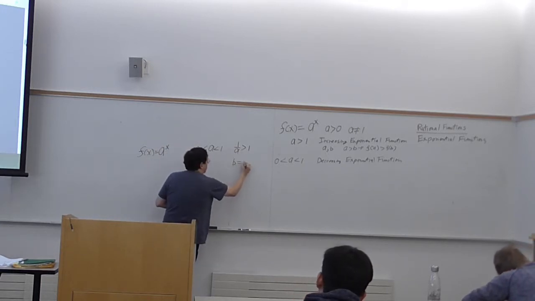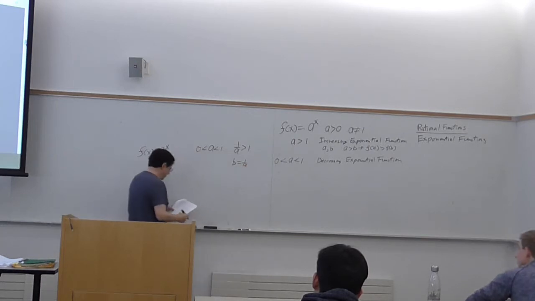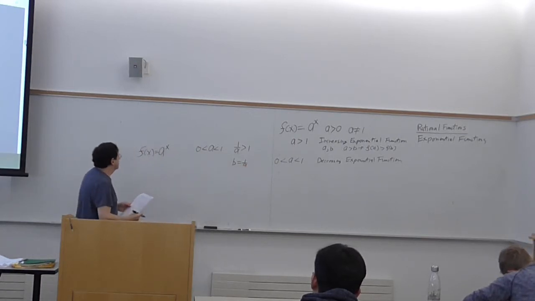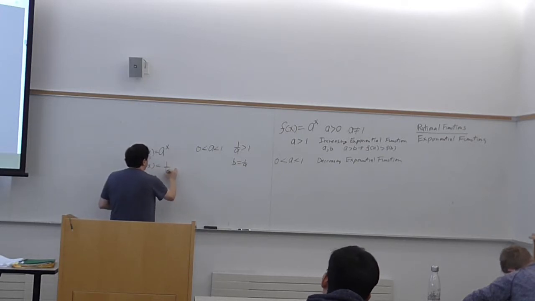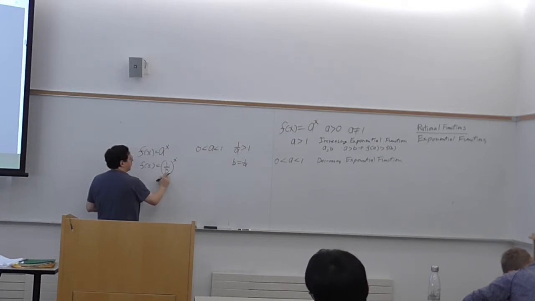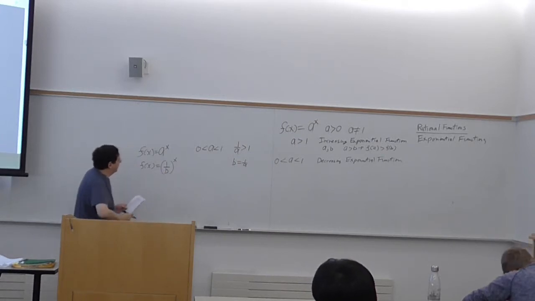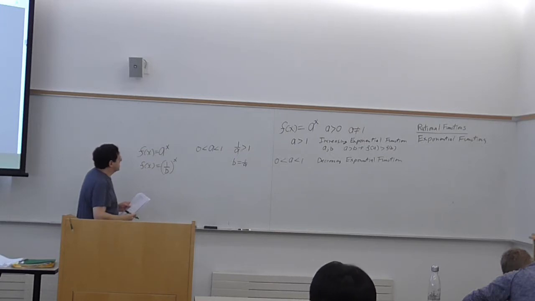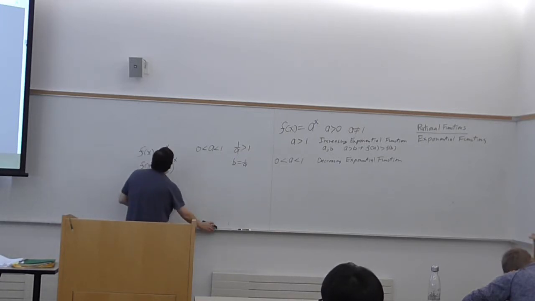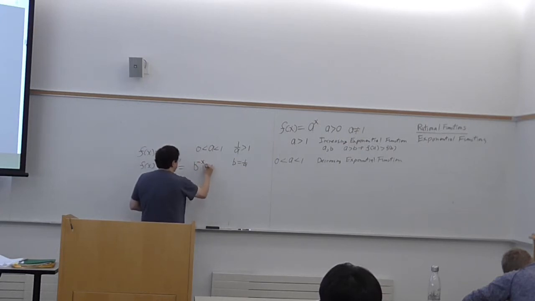So if I call that b, then this is just f of x equals 1 over b to the x, where b is greater than 1. That's really b to the minus x.